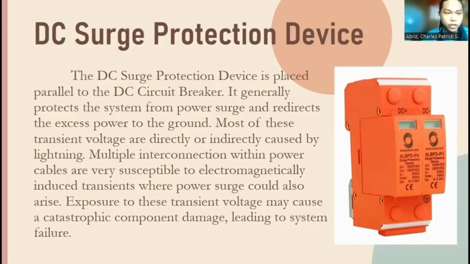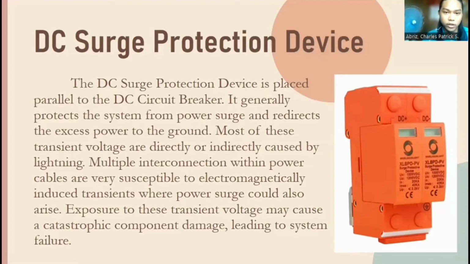Here we have the DC surge protection device. The DC surge protection device is placed parallel to the DC circuit breaker. It generally protects the system from power surge, or as we call it, a transient voltage, and redirects the excess power to the ground.